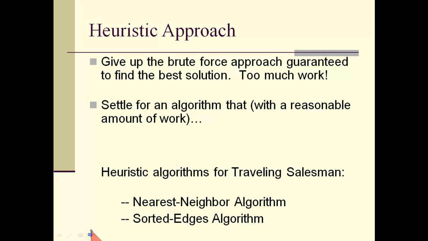The brute force approach is just too much work, so give it up. Don't do that. Settle for an algorithm, we'll call it a heuristic algorithm, that with a reasonable amount of work will find a good solution. Not necessarily the best.